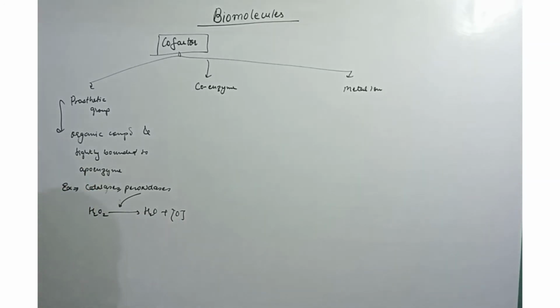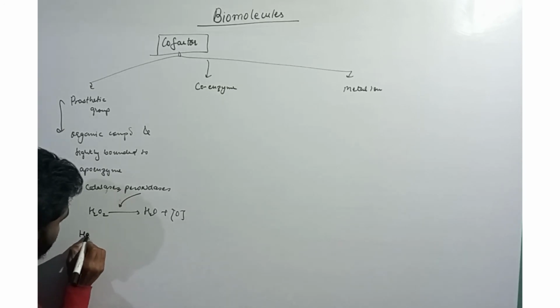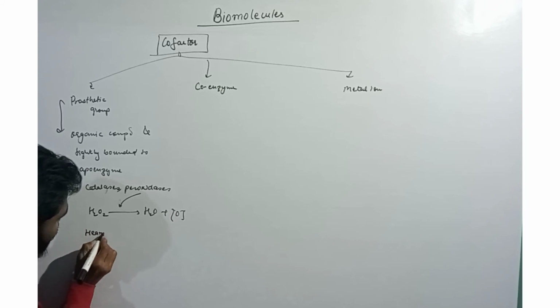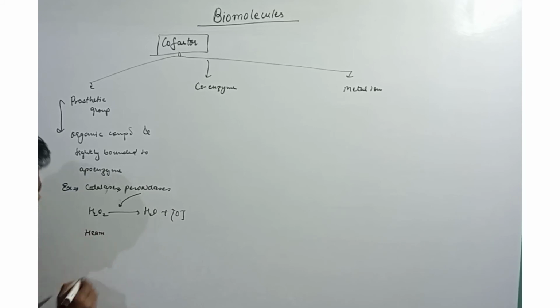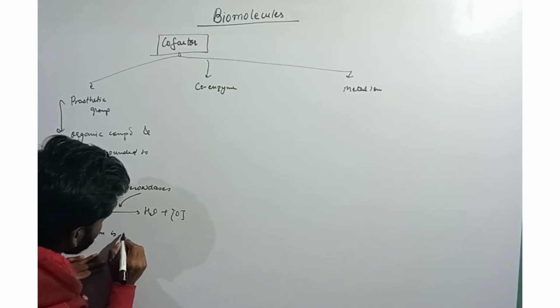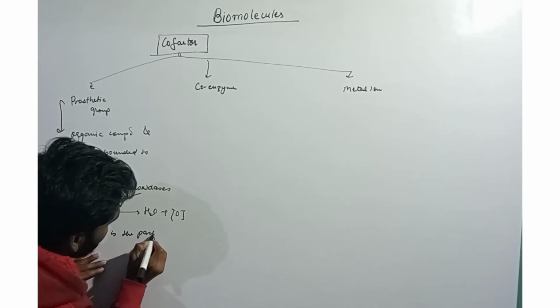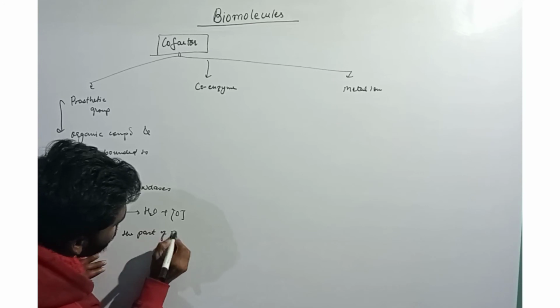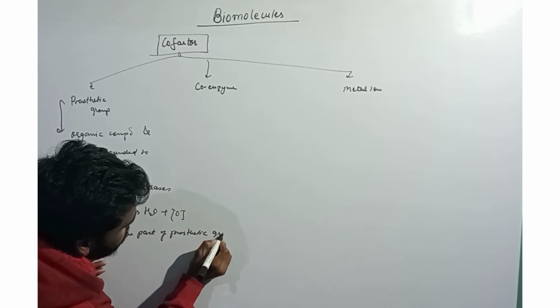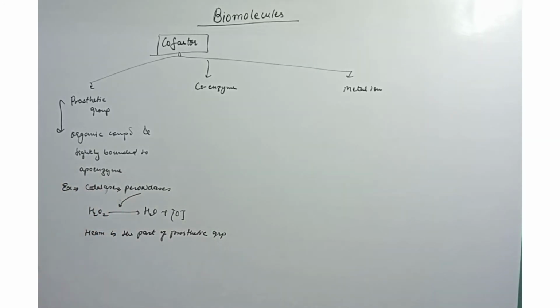Now we're talking about heme. Heme is part of a prosthetic group, which provides the activity of the apoenzyme.